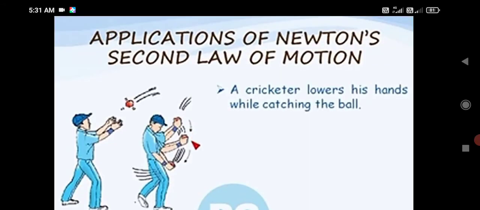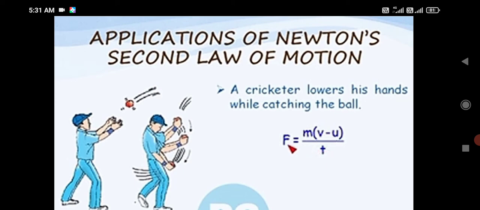Next, the same application of Newton's second law of motion. Why does the cricket player lower his hands? Because if the ball is caught abruptly, injuries take place. But if he lowers his hands, time increases and the change in momentum decreases. Change in momentum is mv minus mu, that is m into (v minus u).